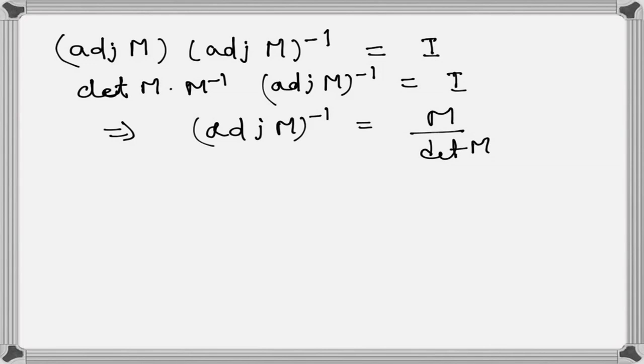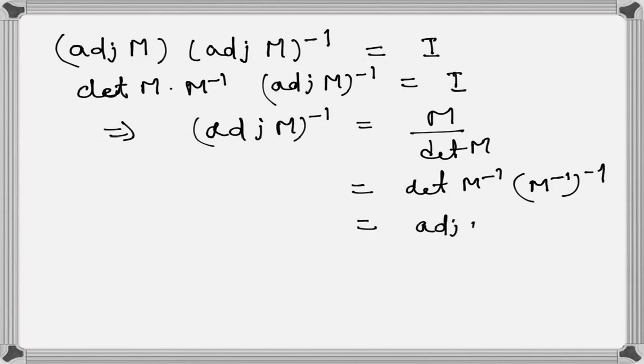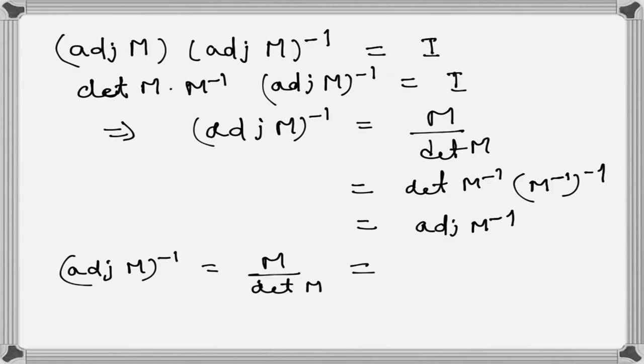So as we know that determinant of M is equal to 1 upon determinant of M inverse, this is nothing but determinant of M inverse. I can also write this as M inverse of inverse. Okay, so this is nothing but adjoint of M inverse. So what do we have? We have this relation: adjoint of M whole inverse is equal to M upon determinant of M is equal to adjoint M inverse.